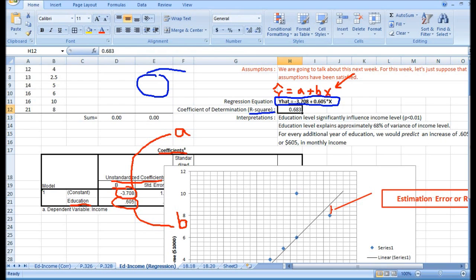That's another piece of information we need to get from the SPSS output of our regression analysis. Okay, I'm going to show you how to interpret this R square, or coefficient of determination.